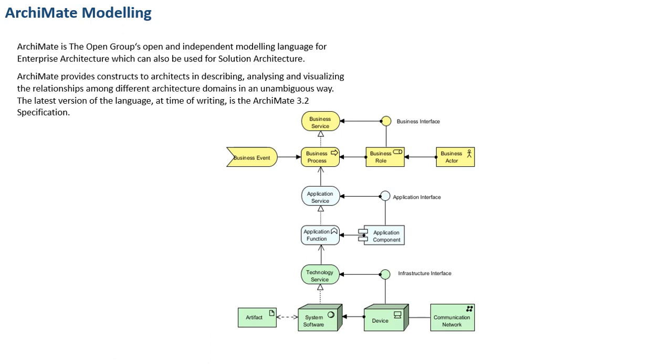And it is popular because it combines end-to-end architectures, be it enterprise level or solution level. We can see here it combines different parts of a solution. This is technology, this is application, this is business. That's what Archimate is really good at, providing the different aspects of a solution, the different views of a solution, using a common, consistent notation.